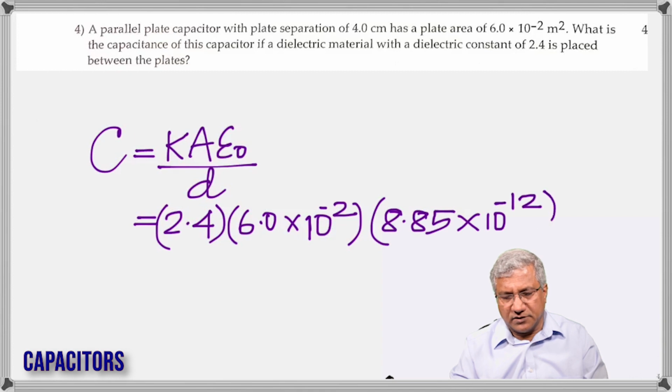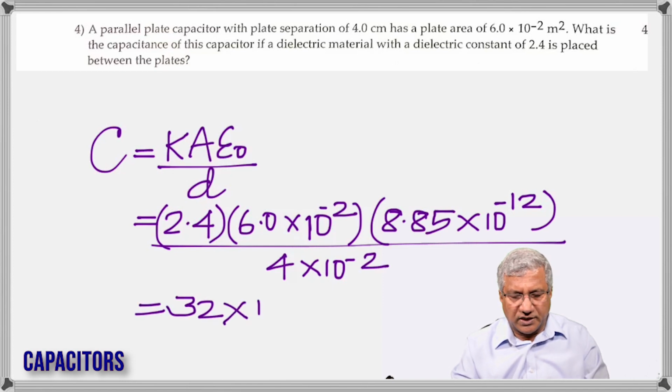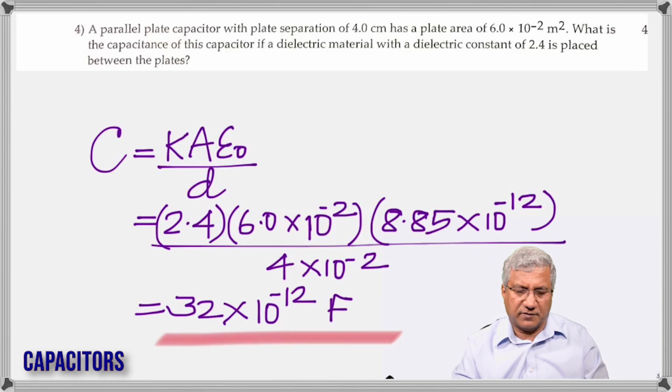And by D, which is the separation, but it has to be in meter. So that's why I've changed it. And you get the answer as 32 times 10 to the negative 12 farad, which is actually 32 picofarad. So that is the answer.